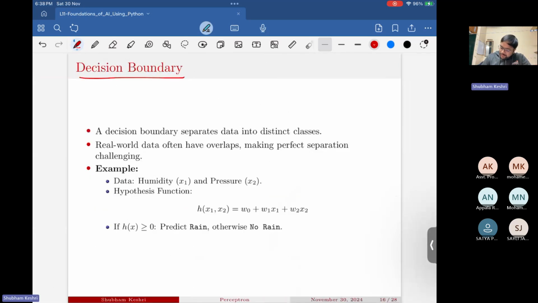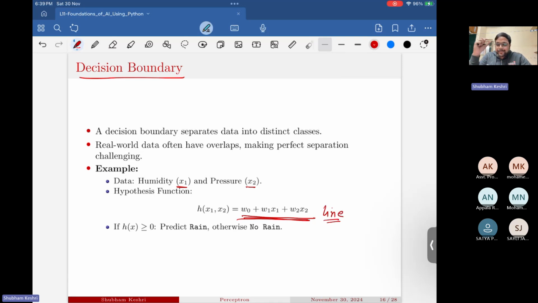Okay, so this is what the decision boundary is all about. So you see, what is this perceptron learning? We know that this will be the form of that hyperplane. This is for two dimensions, x1 and x2, and for two dimensions that equation will represent a line, a straight line.